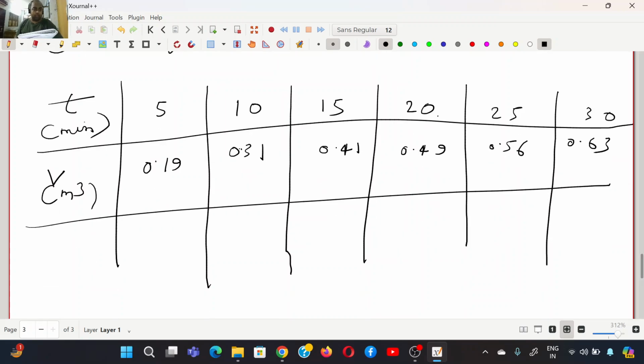We will do t by V in terms of seconds per meter cube so that everything is in SI units. Let us keep seconds, not minutes. So 5 minutes is 300 seconds, 300 by 0.19, then 10 into 60, 600 by 0.31, like that we have to do. Just note down the values that I got.